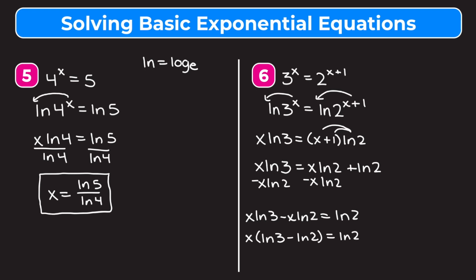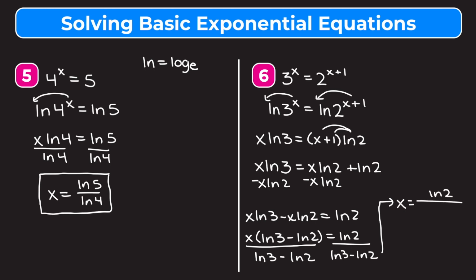And finally, divide both sides of our equation by this entire quantity of ln of 3 minus ln of 2. And we'll write our answer up here. So we're going to get that x is equal to ln of 2 over ln of 3 minus ln of 2. And I'm just going to leave my answer like that.